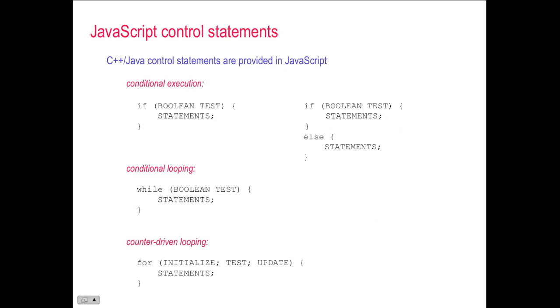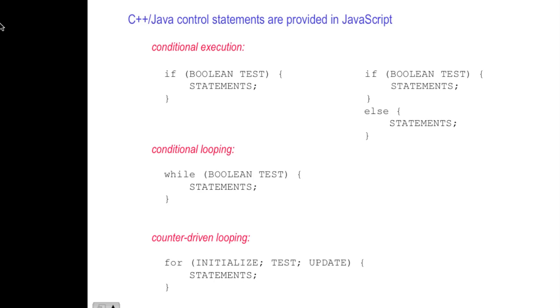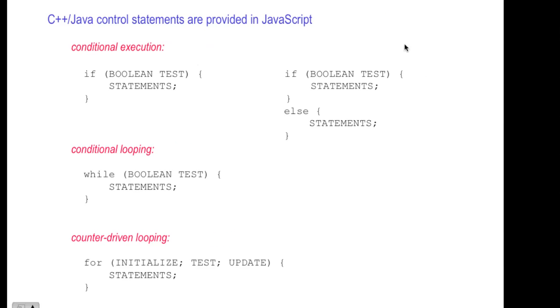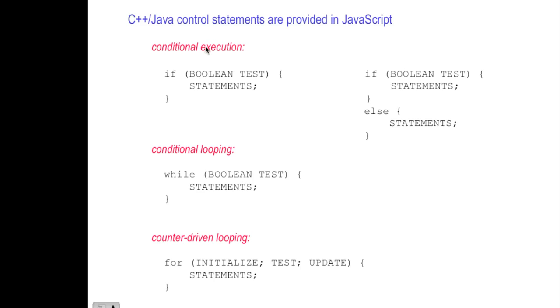So we have control statements. As I was mentioning before, they're almost identical to C++ and Java and C, if you're familiar with any of those languages. If you're not, then here's your information. The conditional execution, looping, and then we have counter-controlled looping.